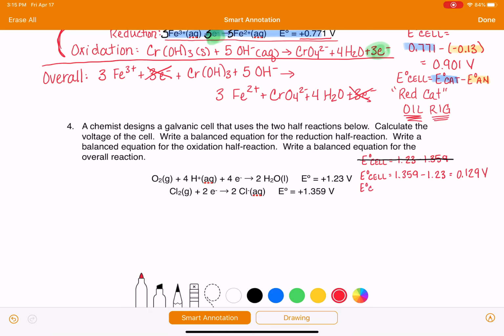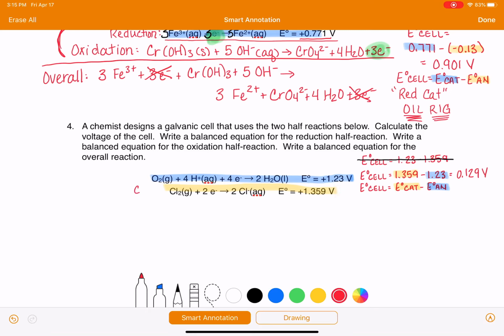Because we have correctly calculated E cell, we know the cathode and the anode. We know the cathode is the half reaction with 1.359 volts, right here. That's our cathode. And we know that the anode is the one with 1.23 volts, so this is our anode.